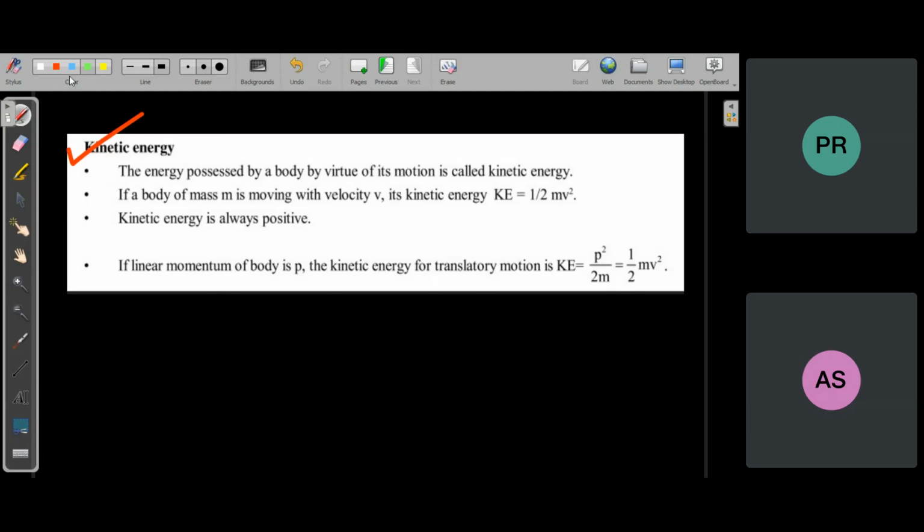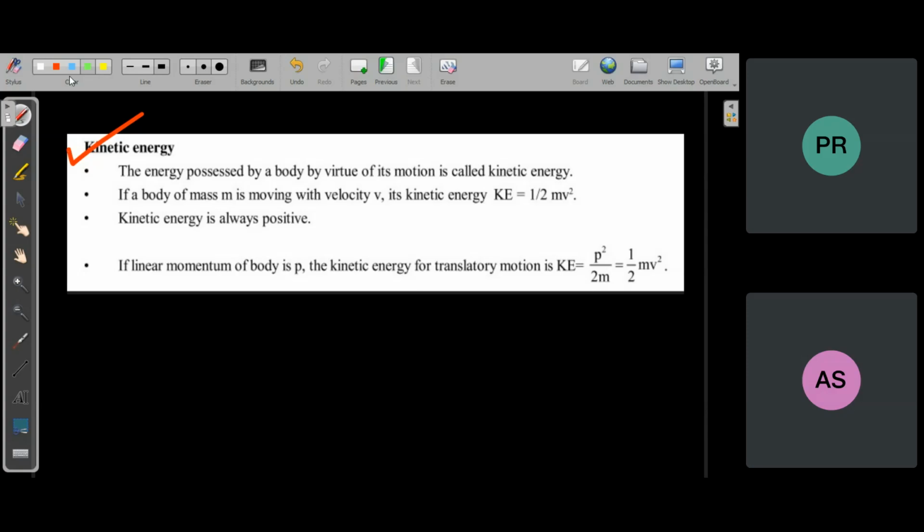Because the body can have kinetic energy initially also, no? That is also possible, no? Are you getting? Yes, sir, it is possible, sir. So a body moving with constant kinetic energy has no need to acquire it in any way. It already has that energy. The point of gaining energy or losing energy comes when you say that it is starting or it is coming to rest.